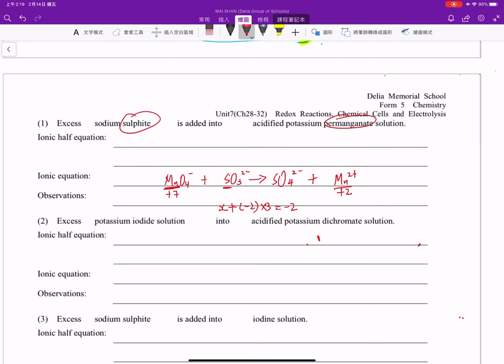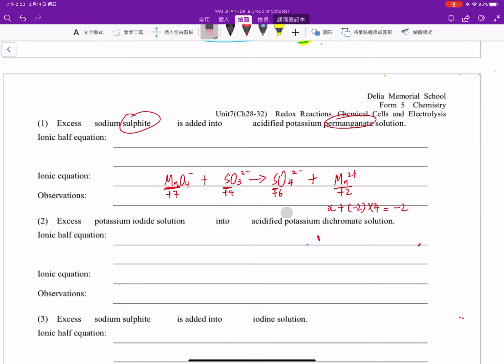Then you will have the answer for X is +4. For sulfate, let it be X and then plus each oxygen is -2 and there are 4 oxygen and the charge for sulfate is -2. Then the oxidation number of it will be +6.